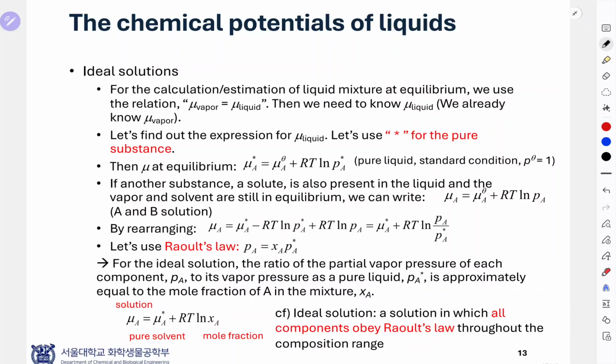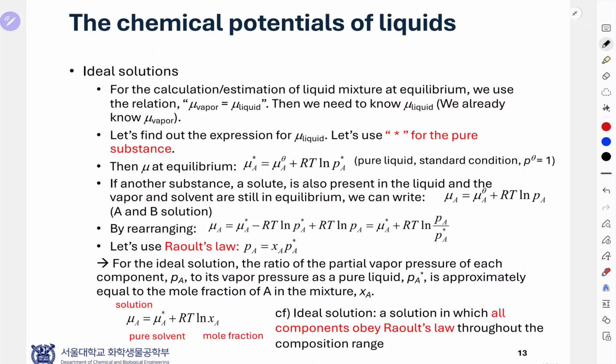What this means is that, let's think about there is a closed vessel and there is a pure substance A liquid, and there should be a vapor of A. And in the equilibrium, the chemical potential of the liquid and the vapor should be the same.